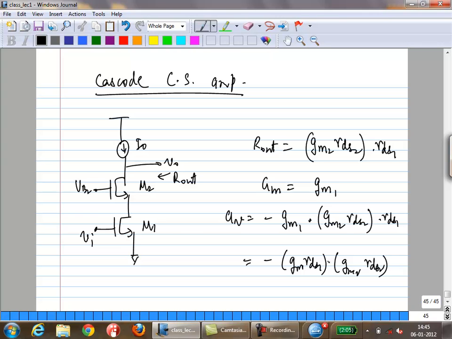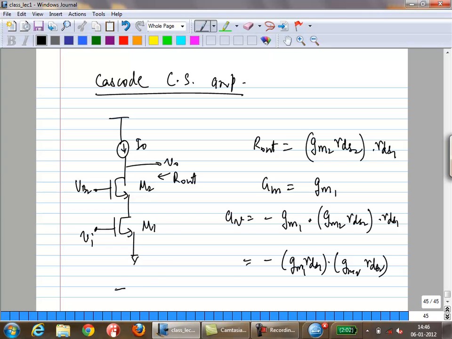We'll write it slightly differently. So what is this? GM1 RDS1 times GM2 RDS2, right? GM1 RDS1 is the self gain of the first MOSFET. GM2 RDS2 is the intrinsic gain of the second MOSFET.